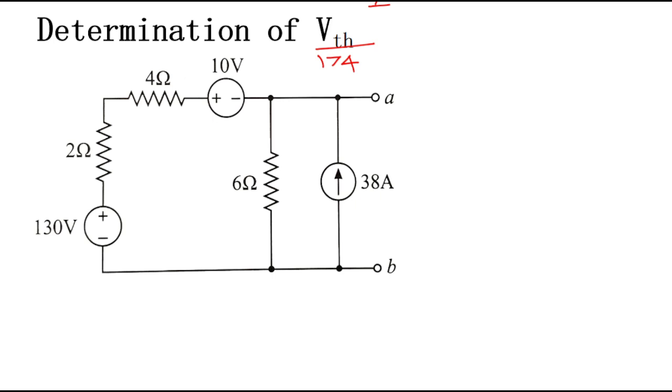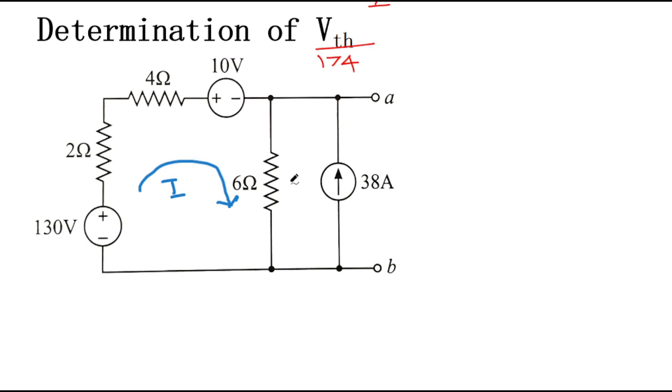Okay. So let us say the current flowing here in this mesh is I, right? So write the KVL equation, the voltage equation, in this mesh.